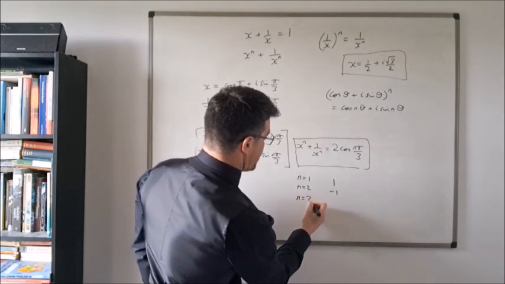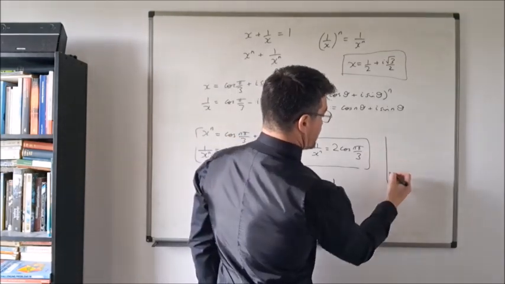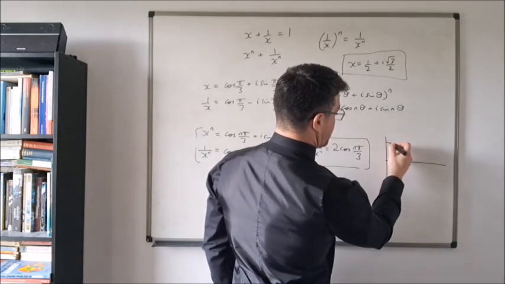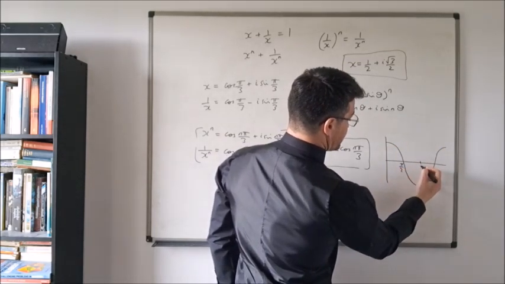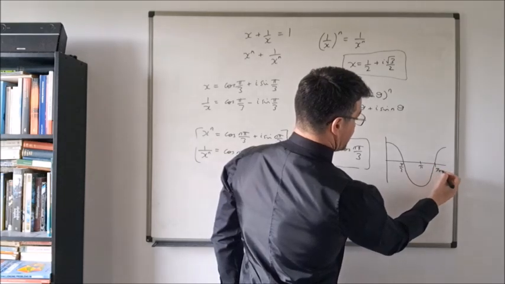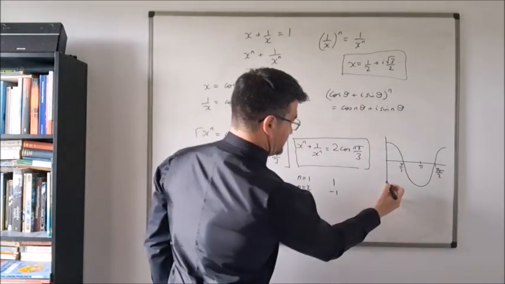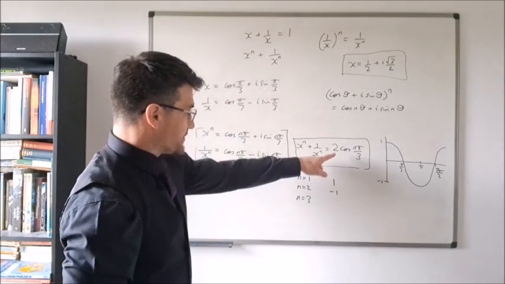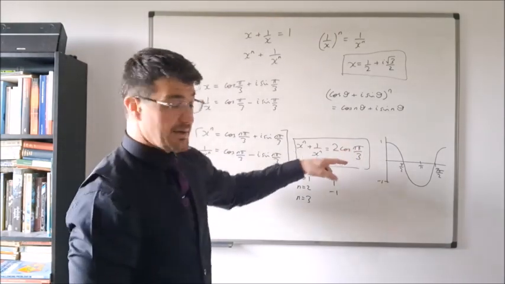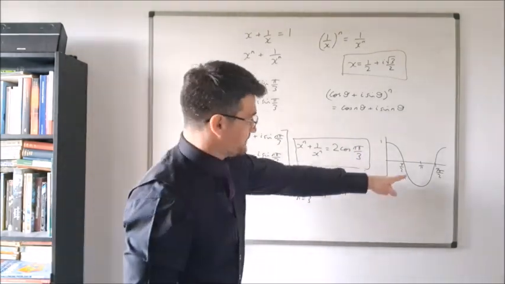n equals 3. So let's just think about the cos graph, by the way. The cos graph looks something like this. That's pi by 2. This is pi. 3 pi by 2, and so on, minus 1, 1. When n equals 3, we get 2 cos 3 pi by 3, or 2 cos pi.